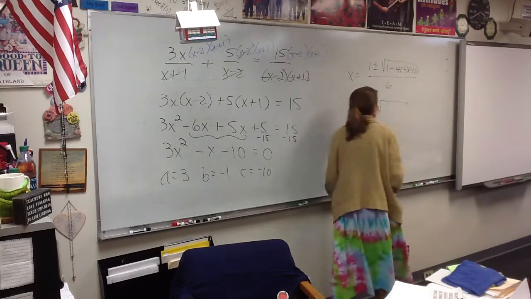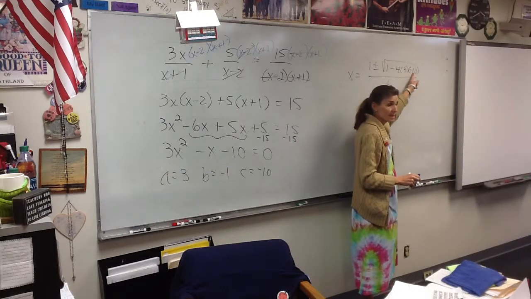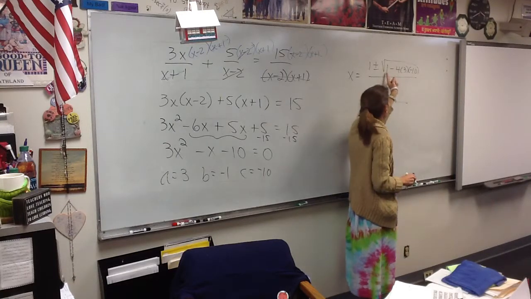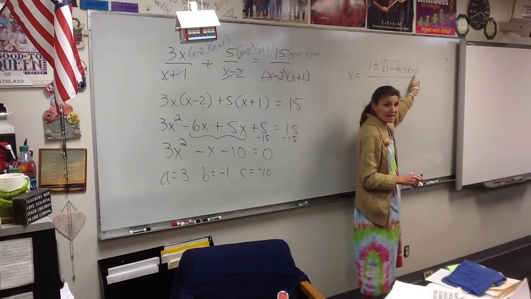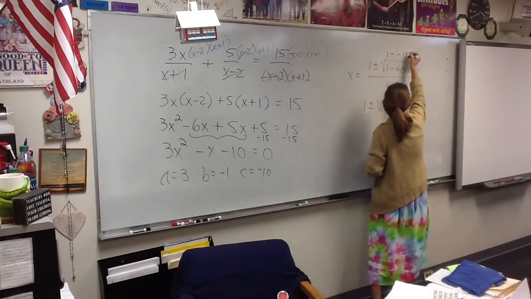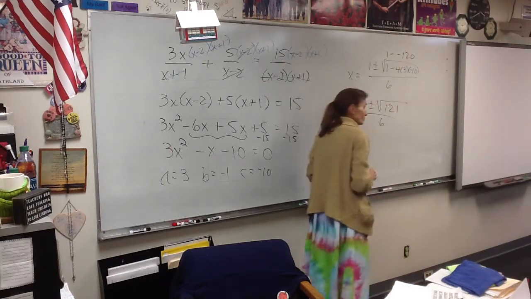So what have we got under here? 4 times 3 is 12, times 10 is 120. But that's negative 120. 1 minus negative 120 would be 121.